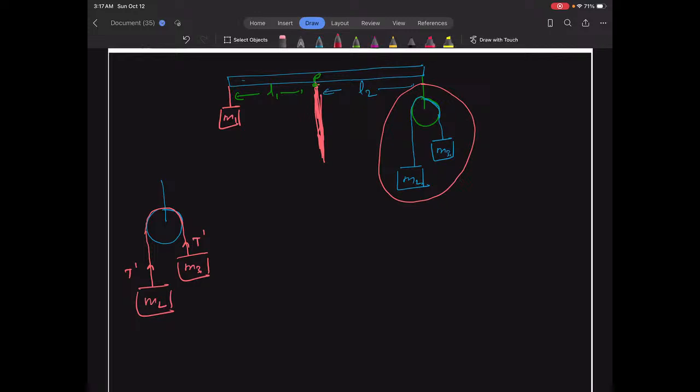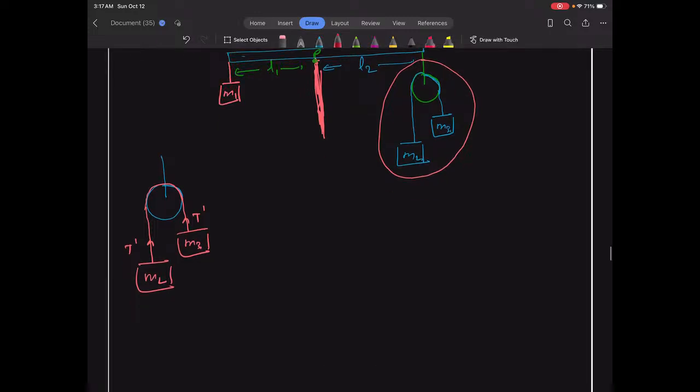And m2 is greater than m3, so m2 will be moving in the downward direction with acceleration a, and m3 is going to rise in the upward direction with acceleration a.